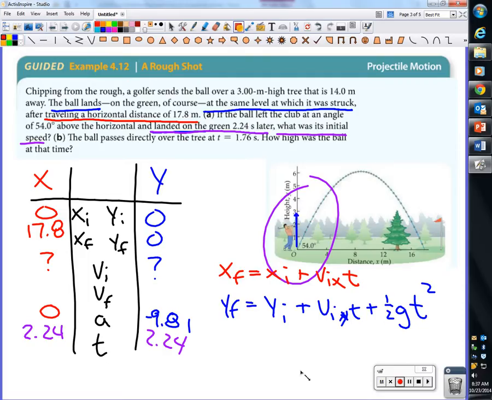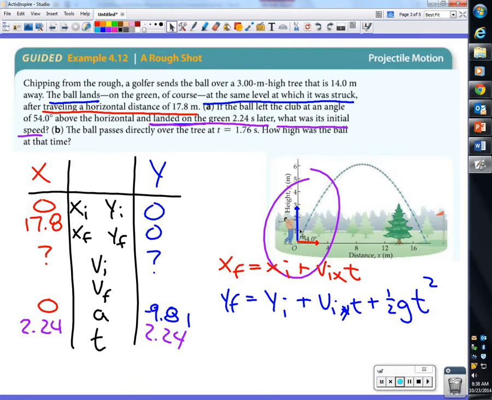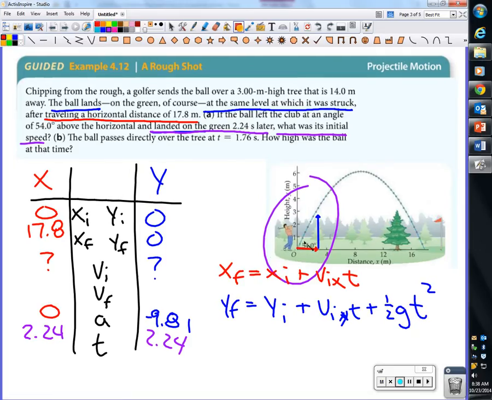So if that represents the initial vertical velocity, and this represents the initial horizontal velocity, they're not lined up properly for us to do this. Ultimately, that's the one that we have to find, right? But now we know the two sides of that triangle, so we can figure out what that's going to be. So go ahead and do that real quick.